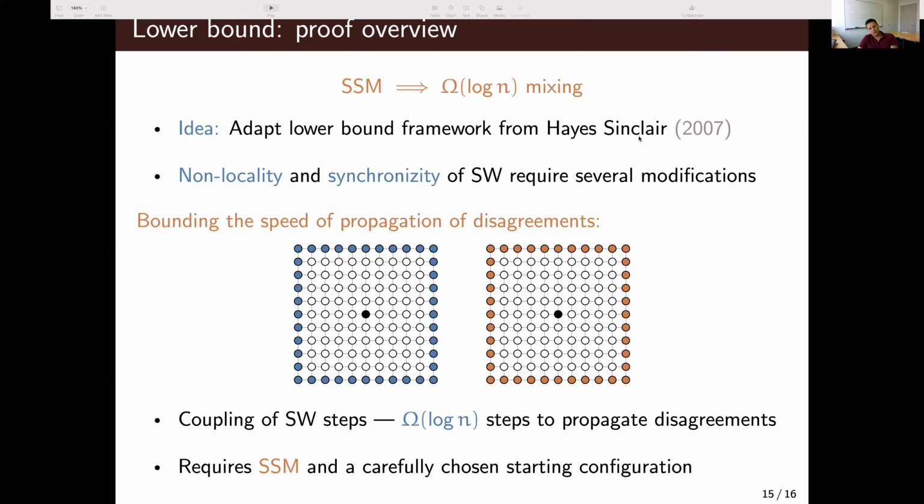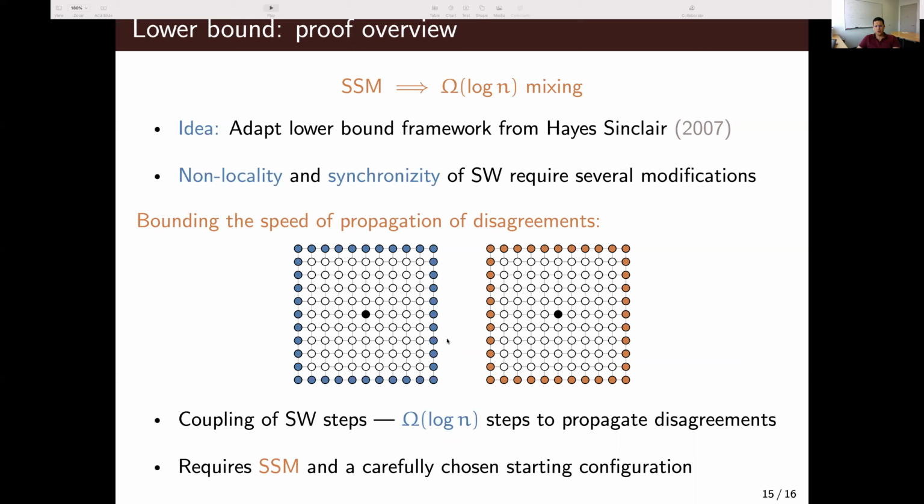Perhaps the most novel technical ingredient in our proof is that we need to bound the speed of propagation of disagreements on the Swendsen-Wang move. So just to give you a rough idea here, suppose we're considering this vertex at the center of a box, and the configuration outside of this box is all blue, and outside of this one is all red, right?